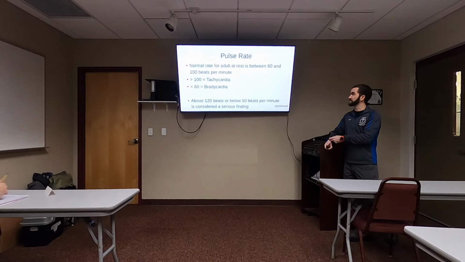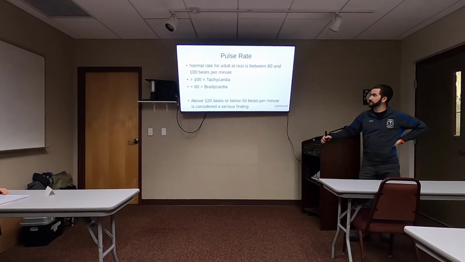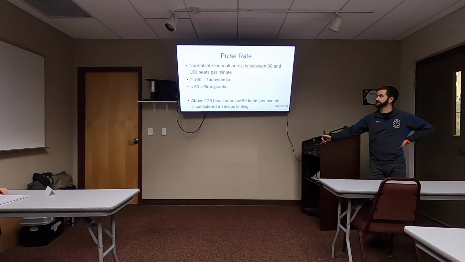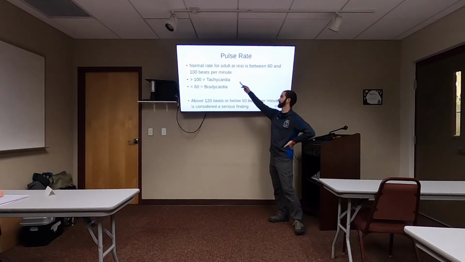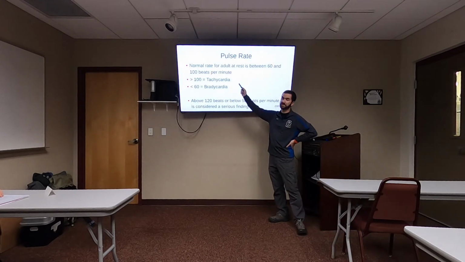So the normal rate for an adult is 60 to 100. Anything greater than 100 is a tachycardia. Anything less than 60 is a bradycardia. Whether that's significant for the patient or not, those are the numbers.